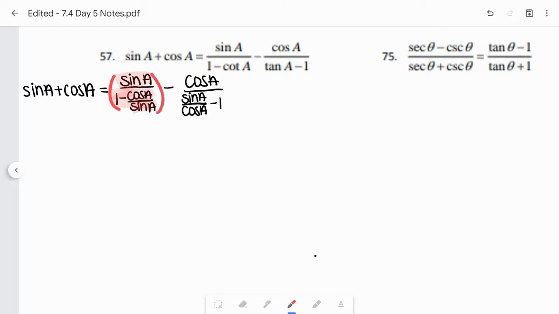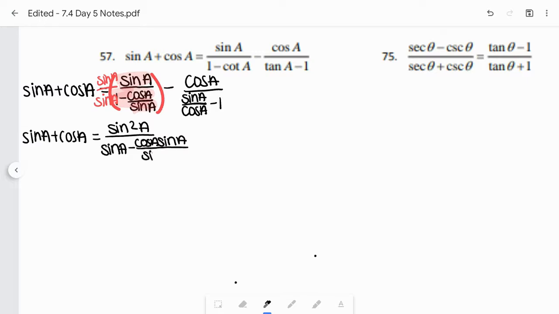So I'm going to multiply this entire quantity by sine A over sine of A. So if we do that, I've still got my sine A plus cosine A, and that's going to be equal to sine squared A over, distribute that sine of A, so I've got sine A minus cosine A sine A over sine A. Okay, now let's look at the second fraction.